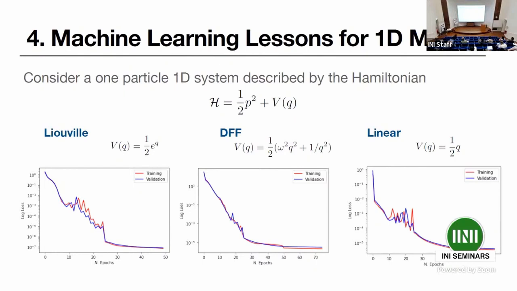So this is essentially the training process for each of these. You see that we can get losses dropping down to roughly 10 to the minus 7 or 10 to the minus 6. That's the kind of training that we do.